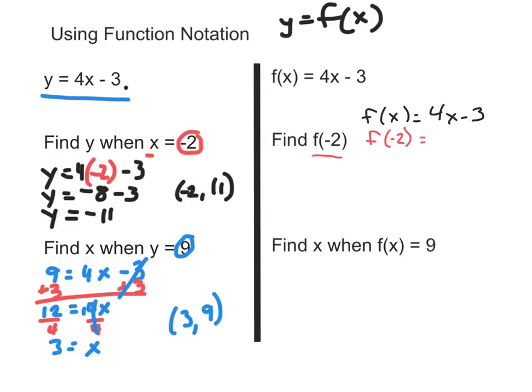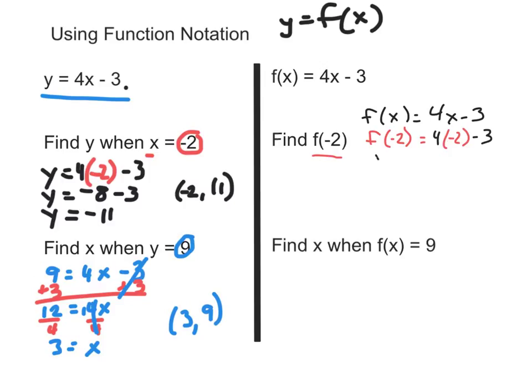Well, notice, this is exactly what you need to see here, is that x has been replaced with negative 2. If x has been replaced with negative 2, that means x equals negative 2. So we're going to put, again, negative 2 in anywhere we see an x. So we've got this 4, and now here's that x, so we're going to put a negative 2 in, minus 3.